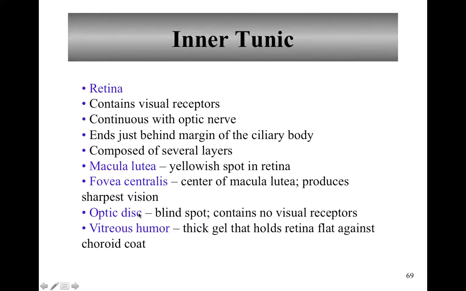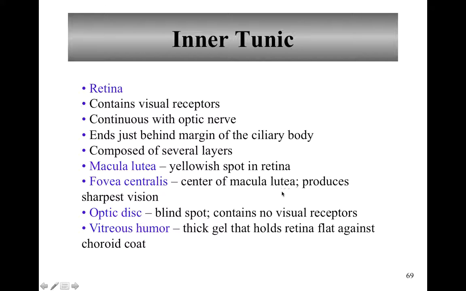The inner tunic has the retina, or is the retina, I should say, which has those visual receptors. The inner tunic combines with the optic nerve in the posterior part of the eye. Macula lutea is a yellow spot in the retina.